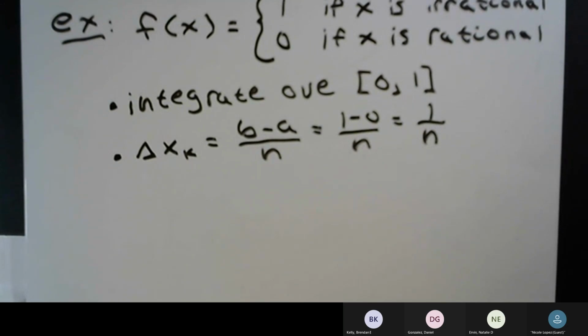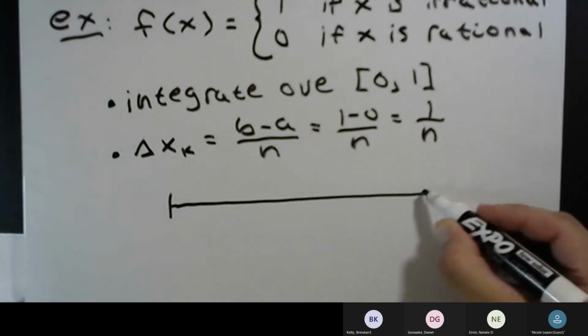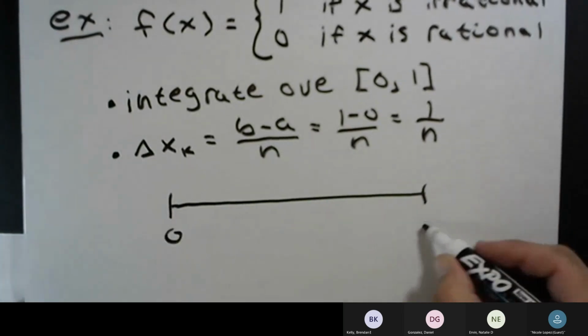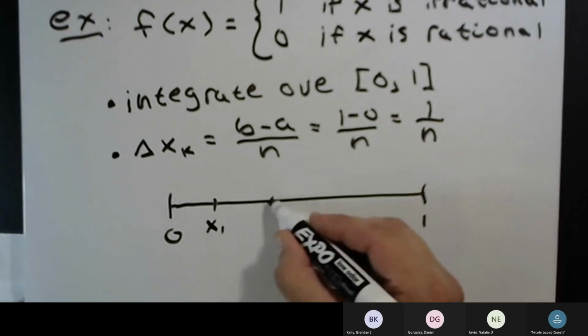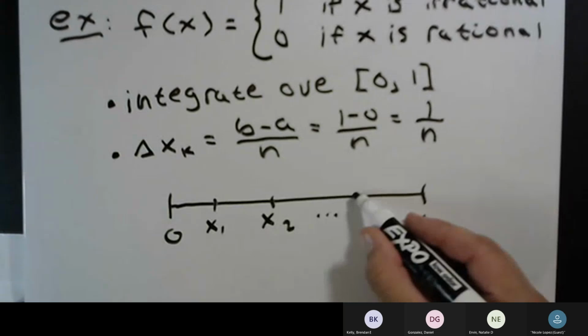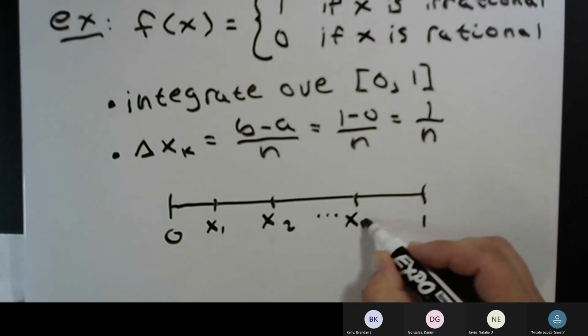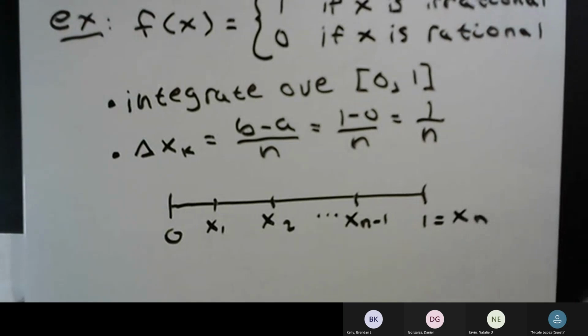So you're going to take 0, 1, and you're going to partition it into these subintervals. And you're going to get something like this.